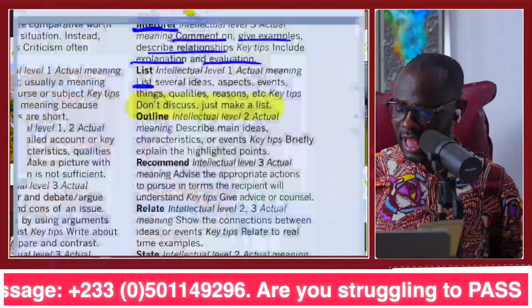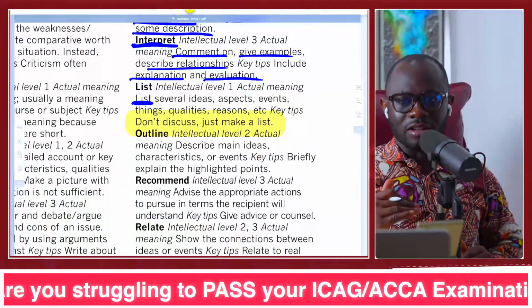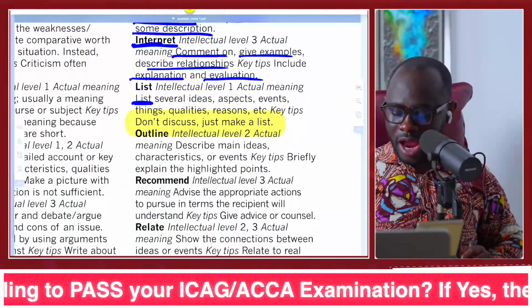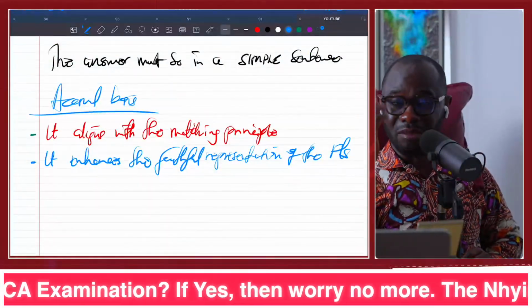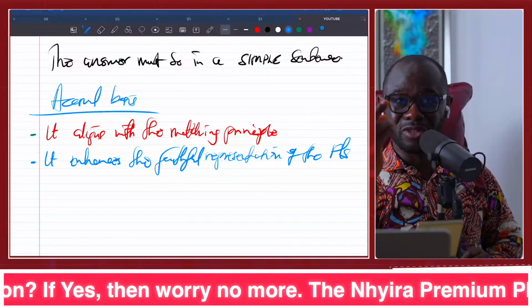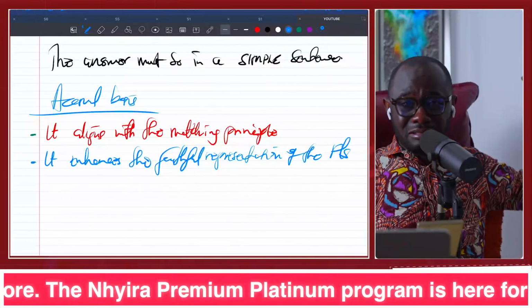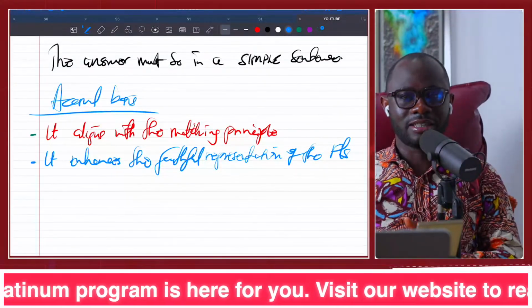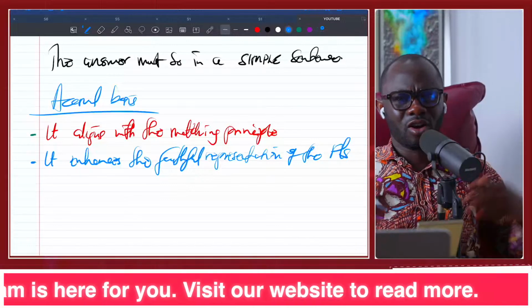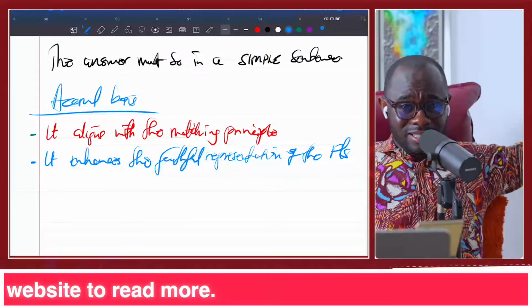So that is the next verb that you need to know about. List. Yes, just write out the point, but write your point in a simple sentence. And amazingly, some people don't even know the difference between sentence, phrases, clause, and they just write. And so sometimes the question has stated, state, then they are writing clauses that I can't even understand.